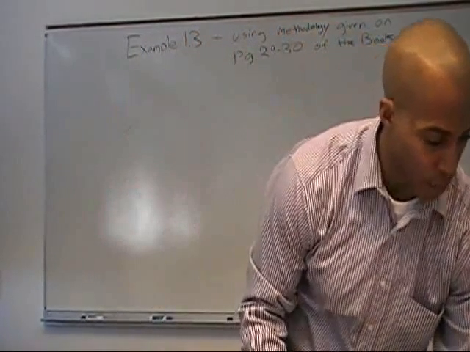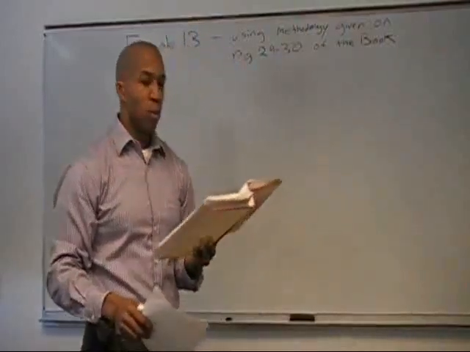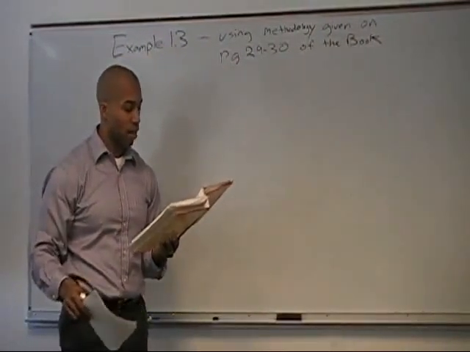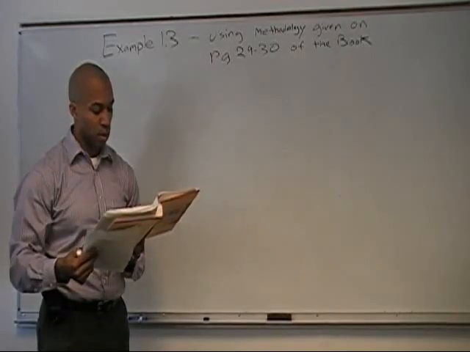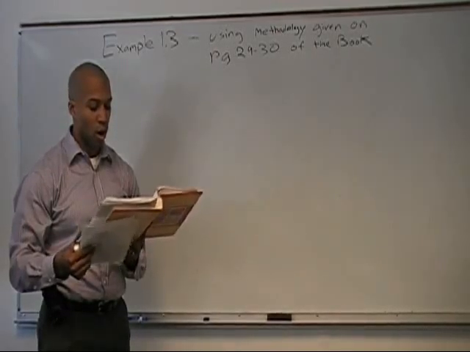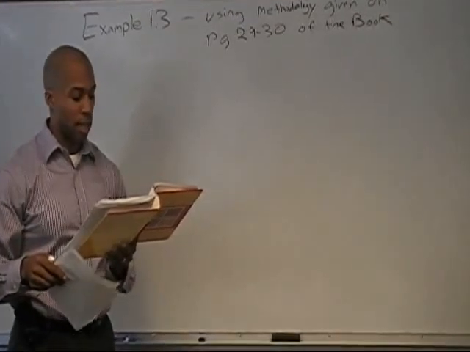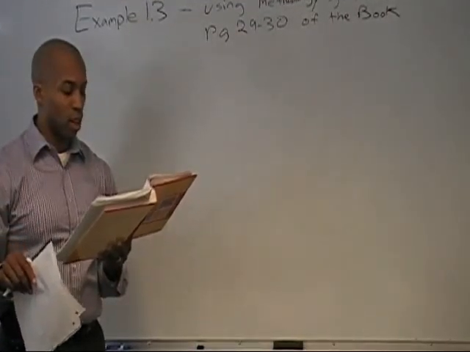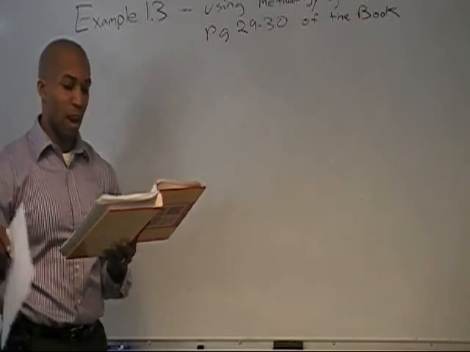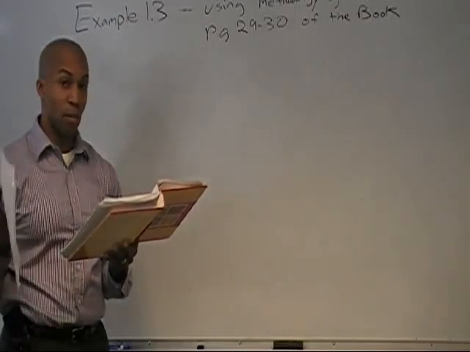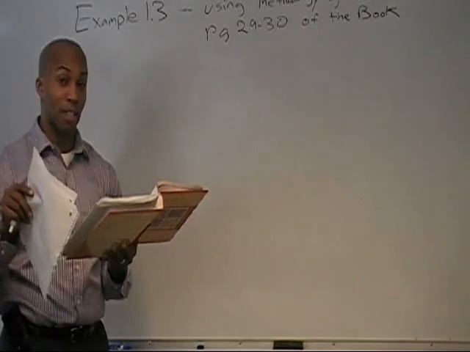So let me read the example. We have a lone conducting rod of diameter D and electrical resistance per unit length R prime sub E, and it's initially in thermal equilibrium with the ambient air and its surroundings. So it mentioned ambient air and it mentioned surroundings.